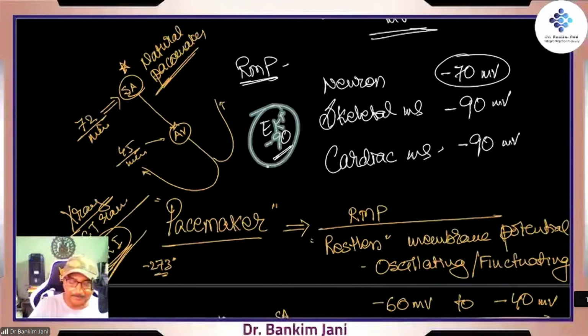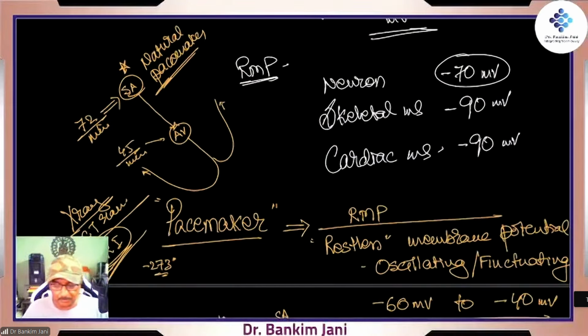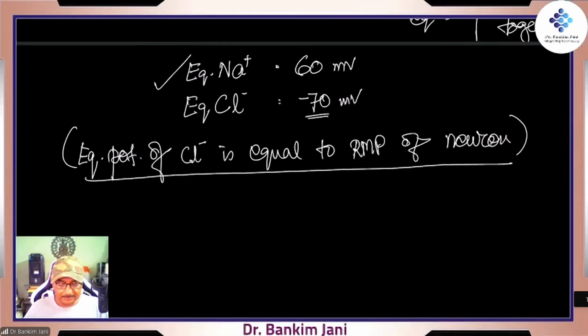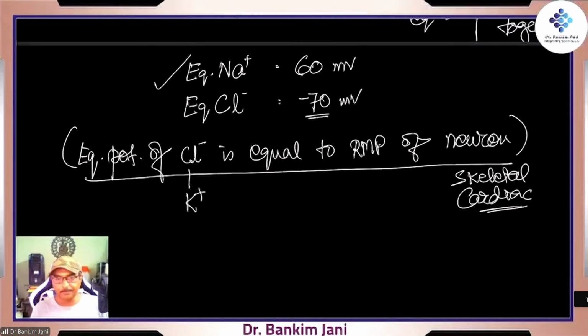So in the exam, if they say true or false, this is true, right? Similarly, when we talk about potassium, it would be the resting membrane potential of, say, skeletal muscles or the cardiac muscles. So that's true.